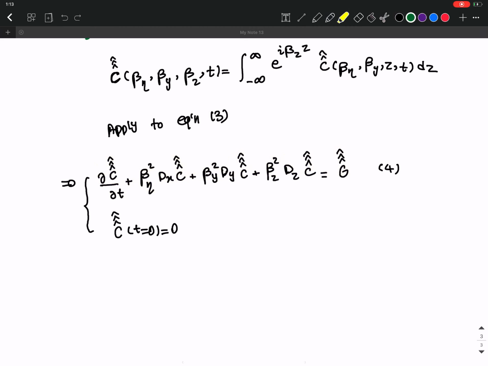So this equation is very simple to solve. We only have one time derivative here, and it has a general solution. Based on this source term, we can solve that.